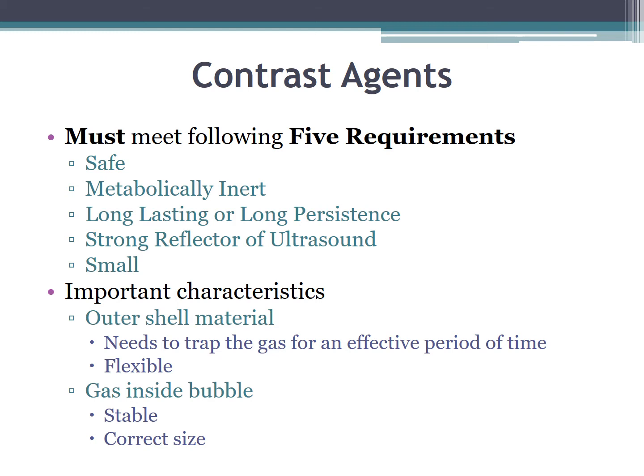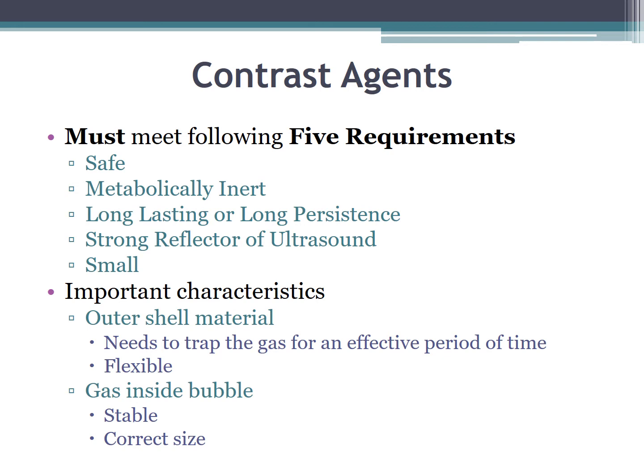There are a couple of important characteristics that kind of help out with meeting these 5 requirements. First being the outer shell material. The outer shell needs to trap the gas for an effective period of time. Again, going back to that long-lasting and long persistence. And it also has to be flexible, which leads to the small part of it, and the strong reflector, because again, as those bubbles are hit by ultrasound, they're going to expand and shrink.